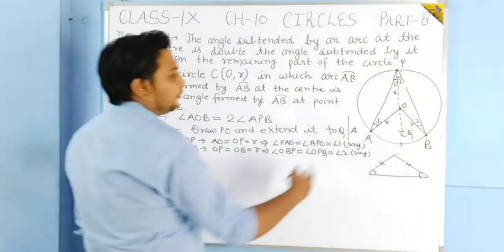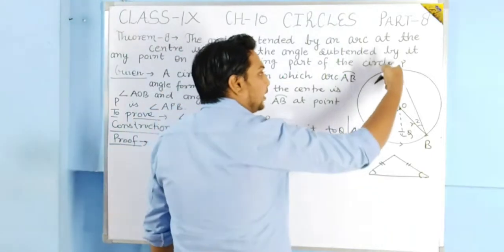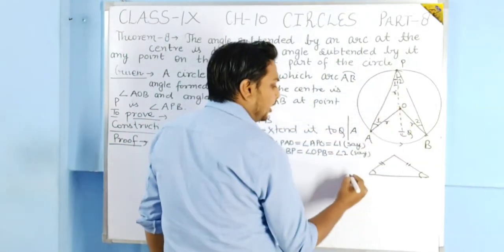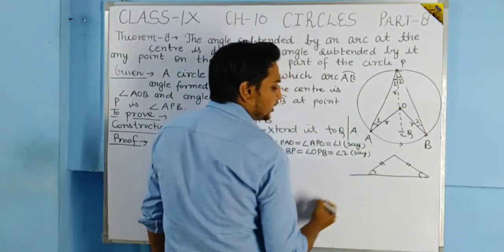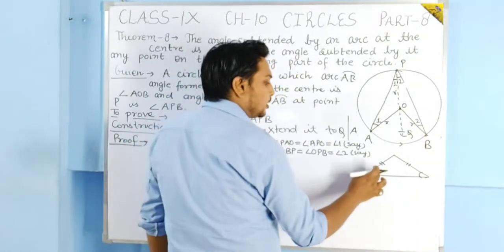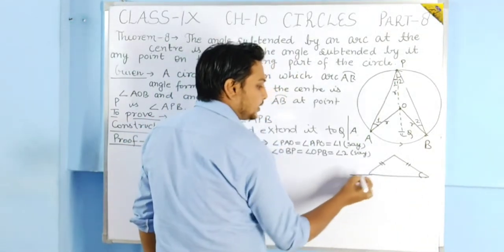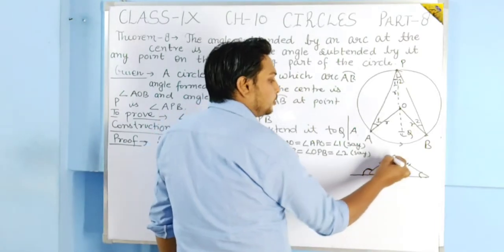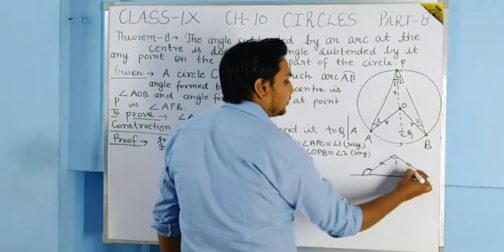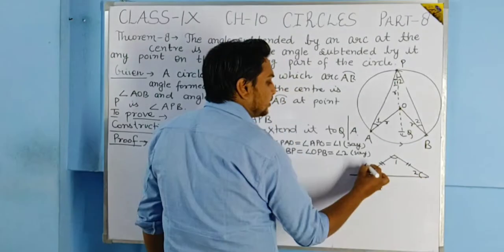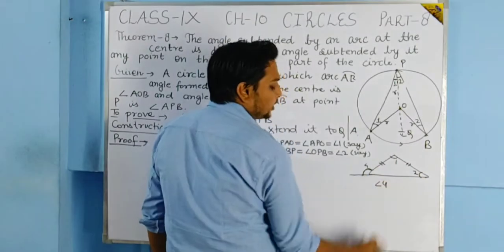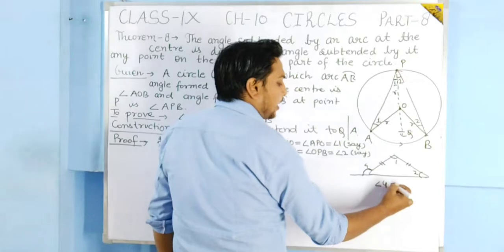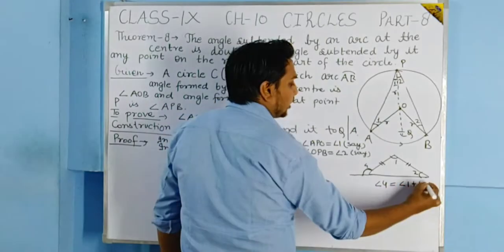Now students, for this triangle APO, we have studied the concept of the exterior angle. Suppose in this triangle this side is extended, then this angle will be equal to the sum of these two angles. If they are 1, 2, and 4, then we have studied the exterior angle property that angle 4 is equal to angle 1 plus angle 2.